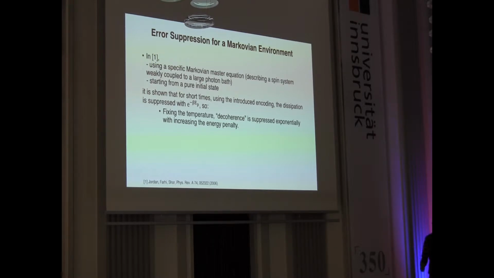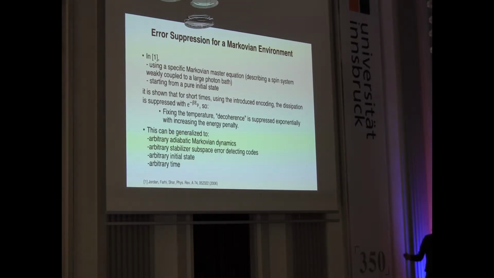We know that we are working at some temperature, but we get exponential suppression in the EP. This is basically what I'm going to talk about, but I will also show that this is a very general effect, in the sense that for a general adiabatic master equation, this holds for general initial states, and recently it was shown that it also works for arbitrary time.